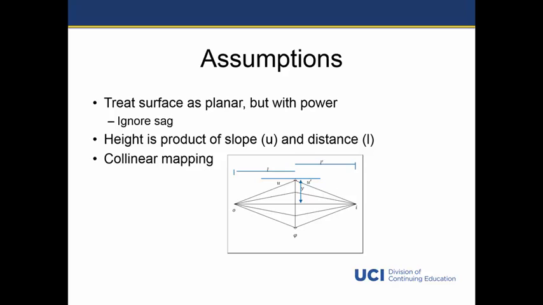The height of a ray at some particular point is simply a product of the slope angle and the propagation distance. And what we're assuming with our paraxial ray trace equations, with our first order optics, is that we have a collinear mapping, points in object space map directly to points in image space, ideally.